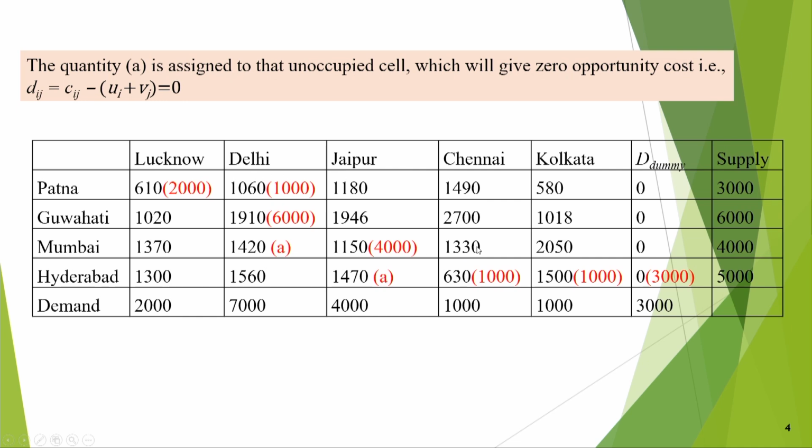So, either I can go to adjacent horizontal cell or I can go to adjacent vertical cell. Since I spotted that in Guwahati to Delhi cell 6,000 was allocated, but nothing was allocated either on the right side or in the just below cell, that is why I decided to put something in the just below cell, and same thing I did in the Jaipur Mumbai cell also. And now we have got these 9 occupied cells.